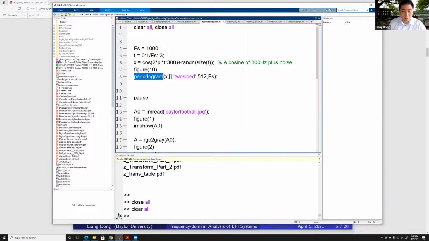The signal is a cosine function with a frequency of 300 Hertz, so cosine of 2 pi t times 300, plus a random noise. So we have a noisy cosine function. The random noise is randn of size t, Gaussian distributed. Then in the figure, I'll plot this periodogram of x, two-sided, with 515 as my sample, and take the sampling frequency in it.